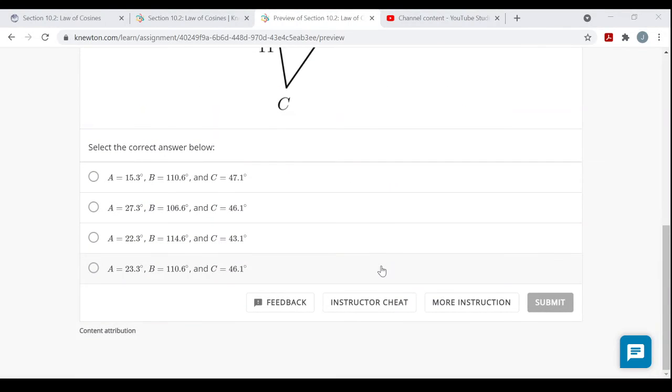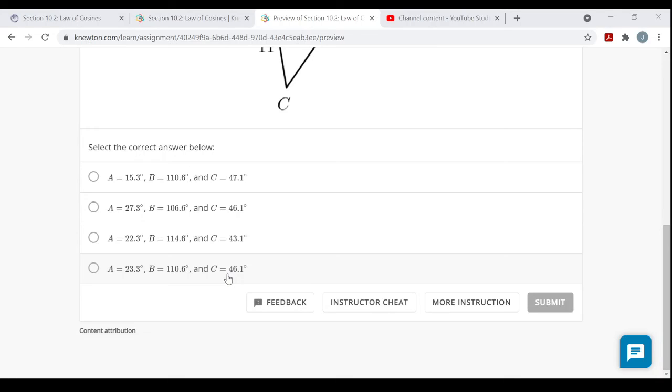And make sure these match. I guess I'm a little off, but whatever. They have 23.3 for A, 46.1 for C, because they probably used the law of sines and used some rounded values. They must have used a rounded value somewhere.